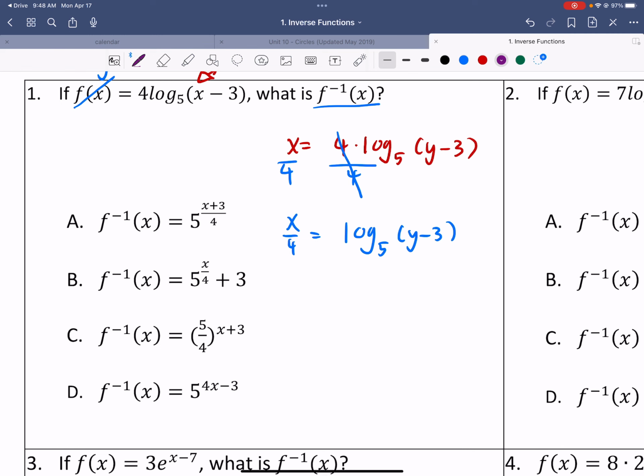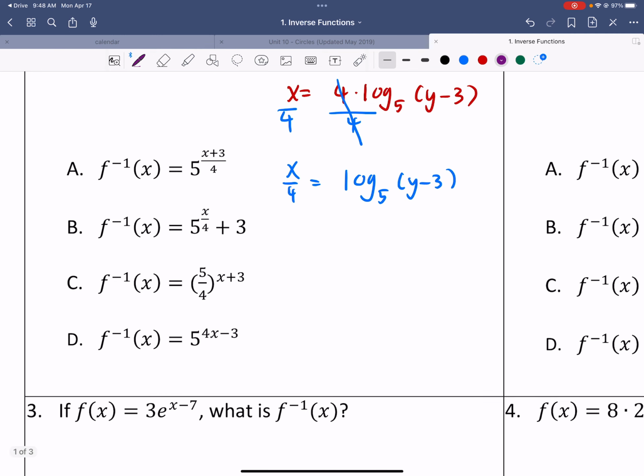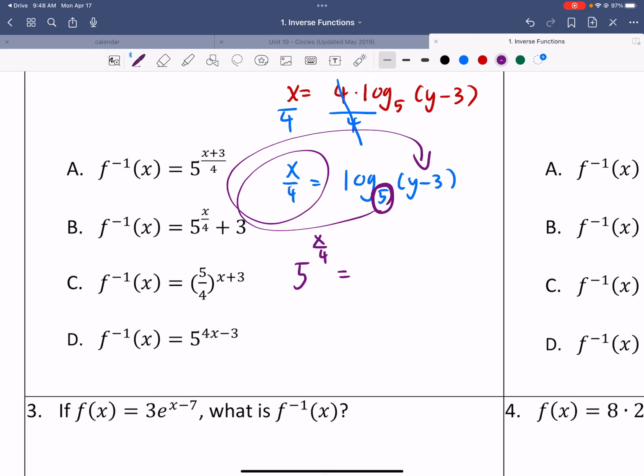It's simple now. So remember, base becomes a base. Our base in this case is 5. If you don't see any number, that's going to be 10. If it was a natural log, it's going to be e. So if you do the beautiful curve, the base becomes a base, and that becomes an exponent, and that is equal to y minus 3.